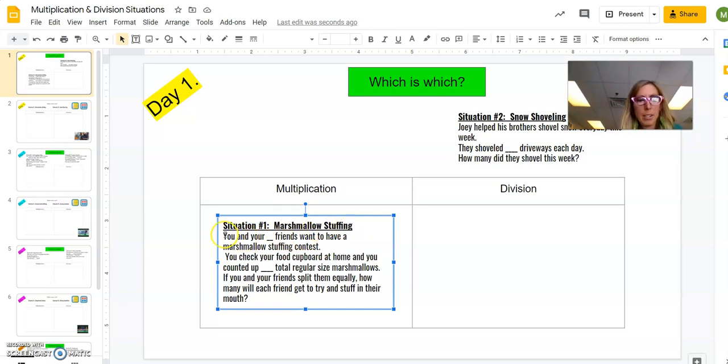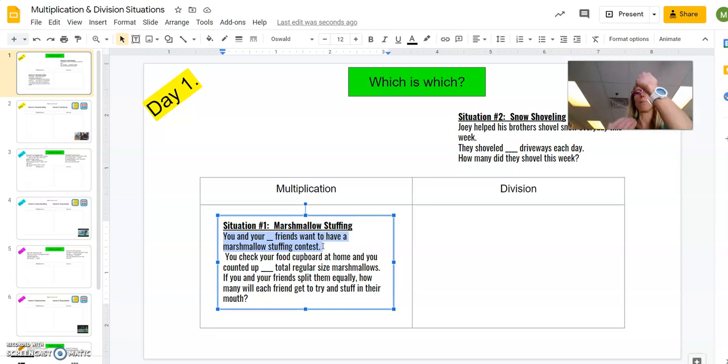What is happening here? Well, you and your friends want to have a marshmallow stuffing contest. Oh yeah, stuff them into your mouth, right? How many can we stuff in there? Oh man, this is gonna be fun. You check your food cupboard at home and you counted up total regular size marshmallows.